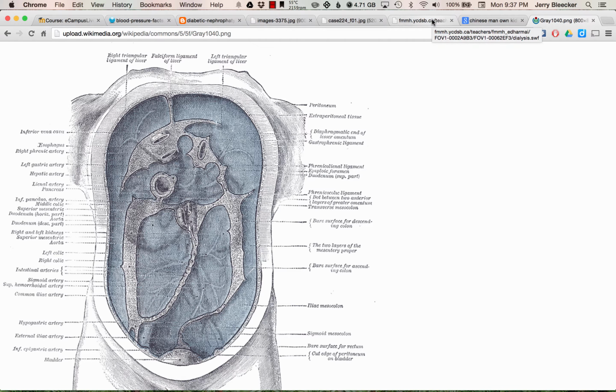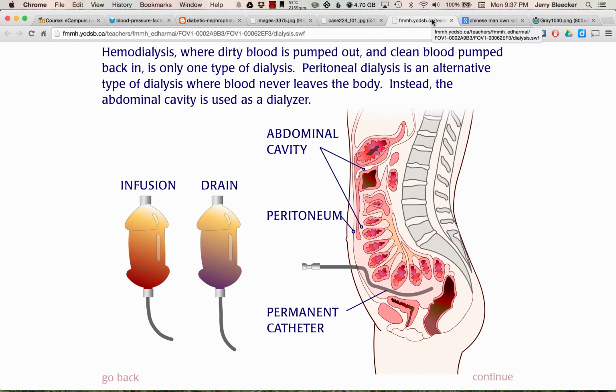And if you bring great surface area blood vessels close to the abdominal cavity like this, what we have is a site of exchange. In other words, the blood vessels are so thin that toxins can flow out of the capillaries into this area. But the area needs to be filled with dialysate.